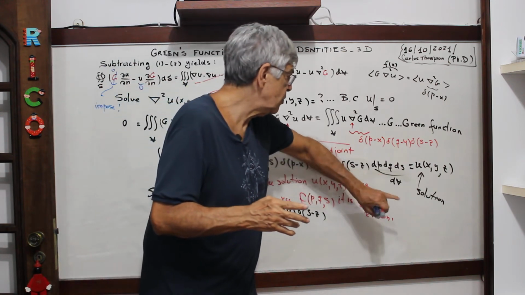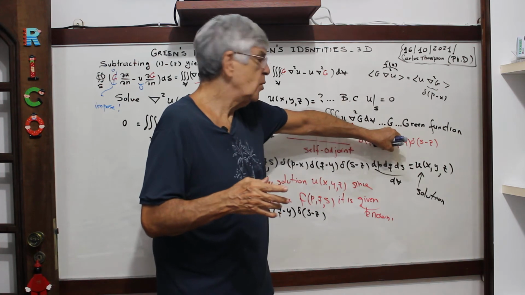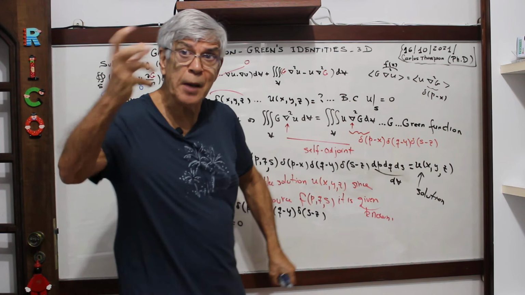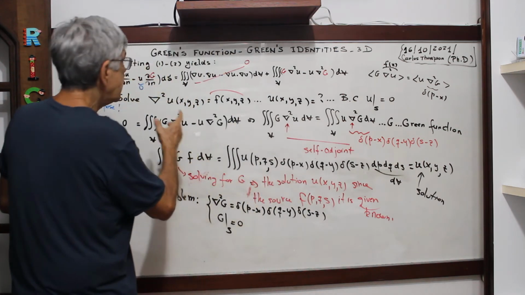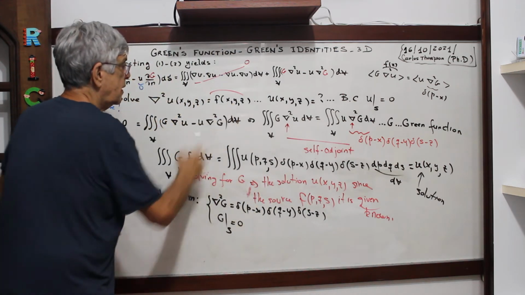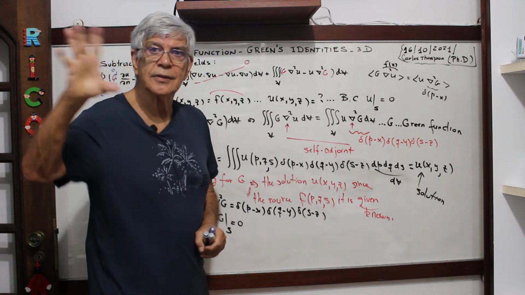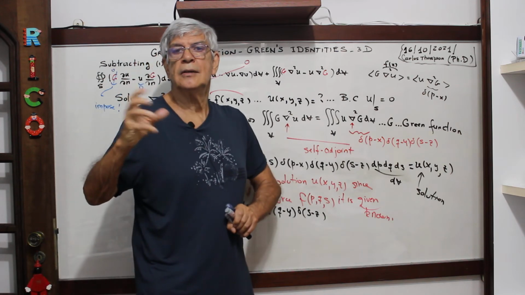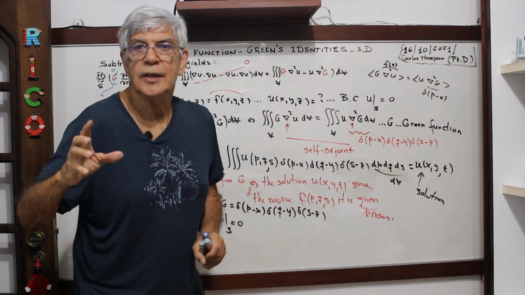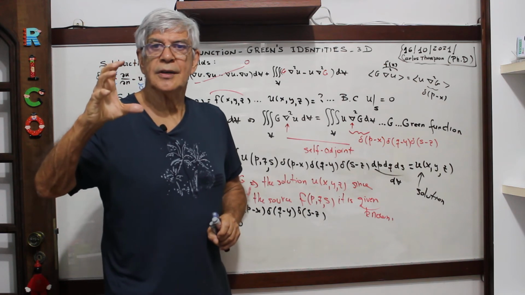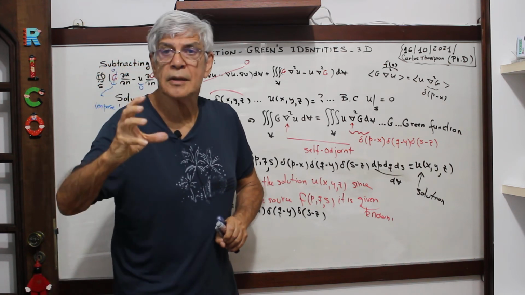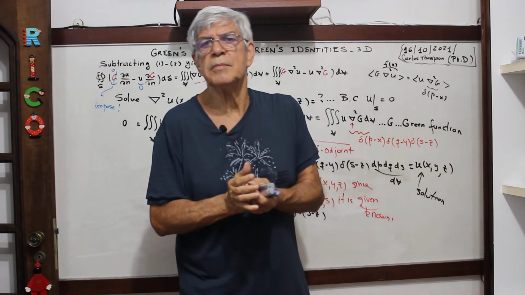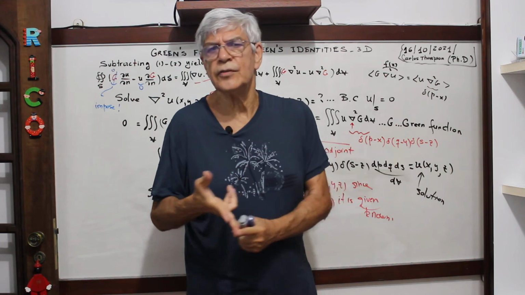I write down what is important, why G, the Green function, is important: because it substitutes the left hand side by impulse, the Dirac delta. They are impulses, which is very common, usual in the application in mechanical engineering, electronic engineering, civil engineering.